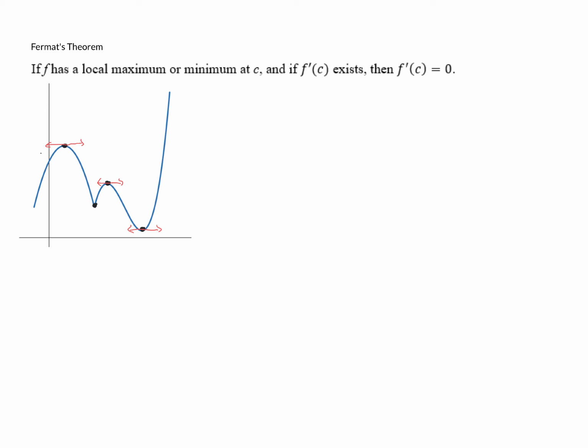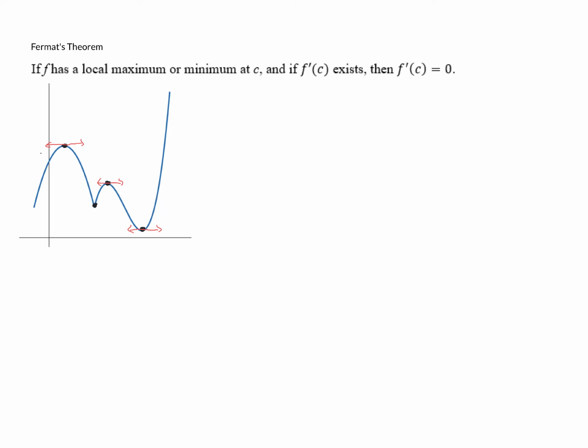The reason that this is true is kind of if we think about a counterexample, if we had a derivative that wasn't equal to 0, if we had a derivative that was equal to 1 or -3 or something like that, well, if the derivative was positive, that would mean that the tangent line has a positive slope, and so we'd have an increasing tangent line.